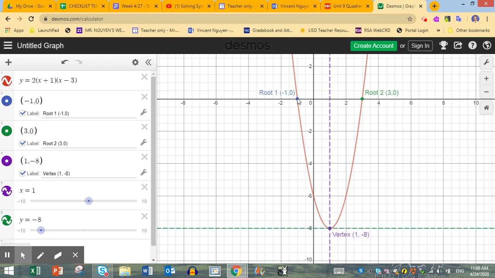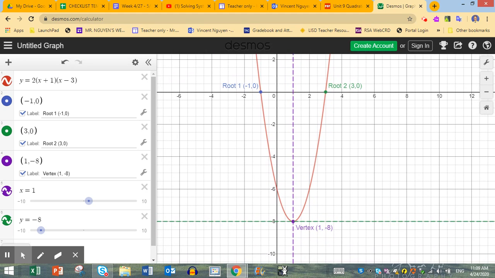So the x-intercepts are your solutions, which are -1 and 3. Using Desmos, you can also easily identify the vertex, which is (1, -8). The vertex gives you the axis of symmetry, which is x = 1, and it gives you the minimum, in this case y = -8. You can find these things fairly quickly and easily if you use Desmos to graph your quadratic equation.